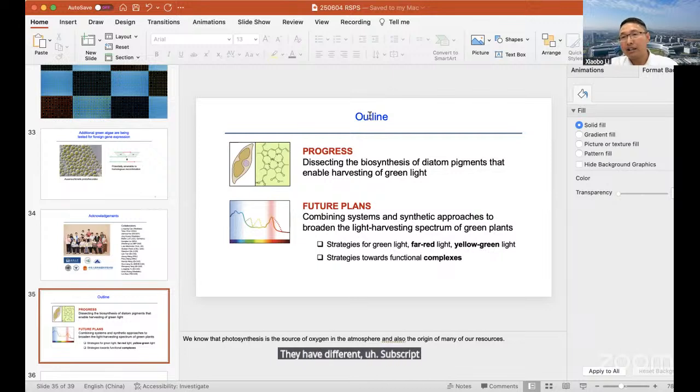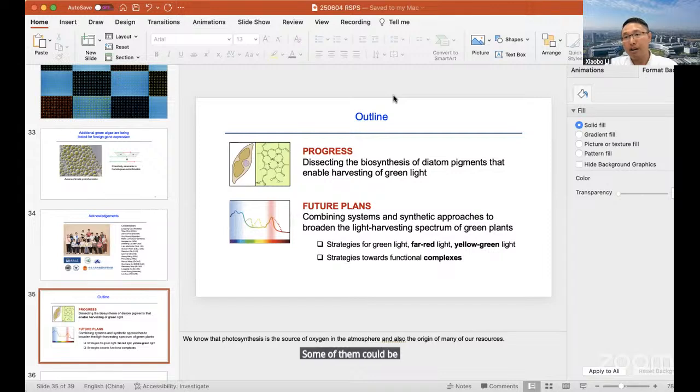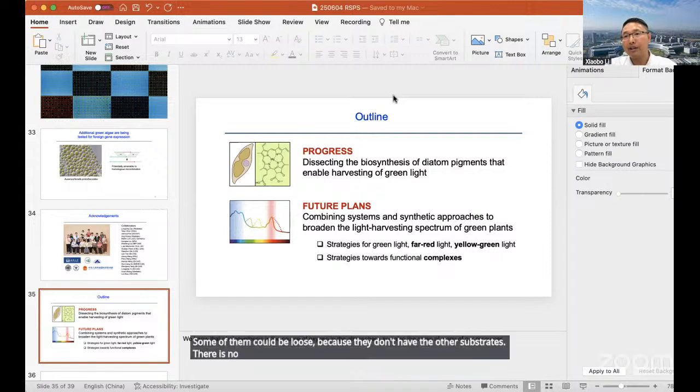Some of them are relatively strict. Some of them could be loose because they don't have the other substrates. There is no evolutionary selection pressure against the other substrates. So I think the first step is actually to screen different organisms for a loose substrate specificity.